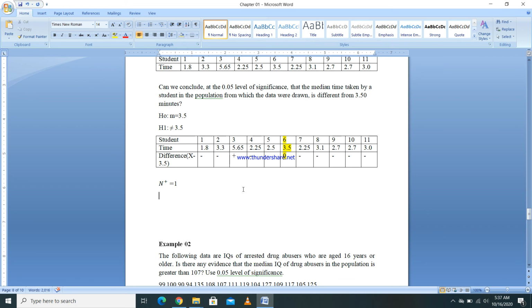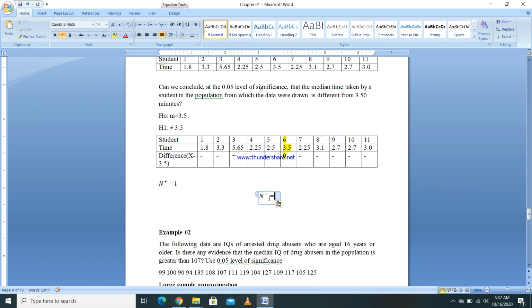And if you take the number of negative differences, that is n minus, right? So I'll take it here. So the number of negative differences: 1, 2, 3, 4, 5, 6, 7, 8, 9. So you have 9 negative differences.